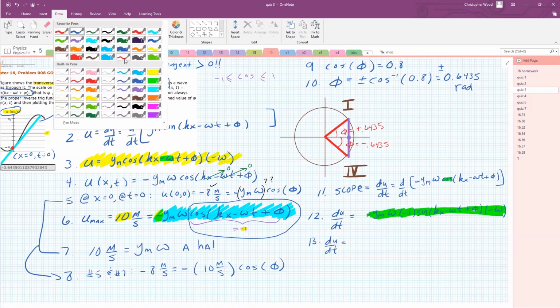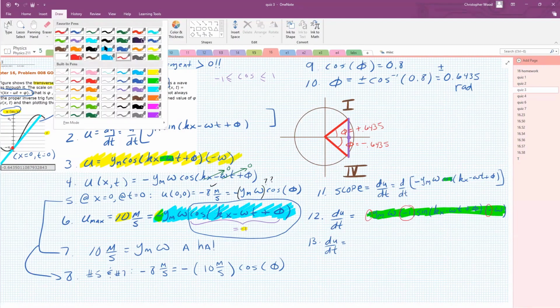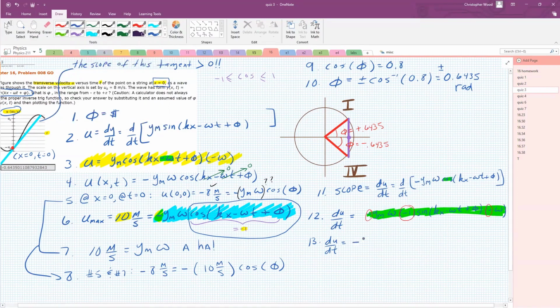I'm going to take this negative times this negative times this negative, which produces a negative. Negative times a negative times a negative is a negative. So negative y subscript m omega squared sine of kx minus omega t plus phi.